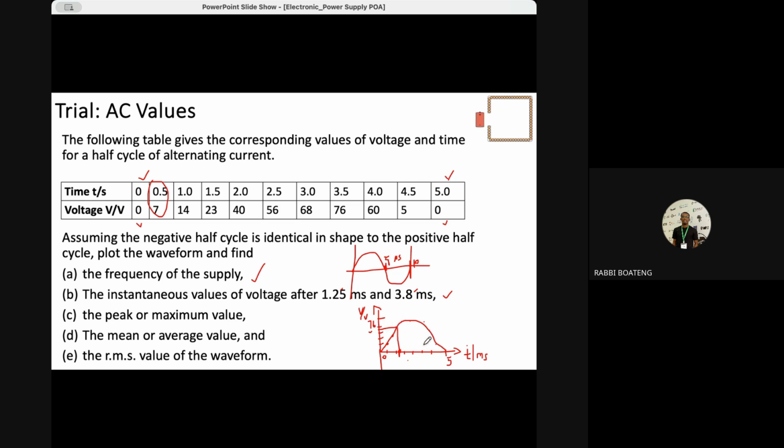If you want to do 3.8, and say 3.8 is around this end of the time, I'll just trace it to meet the curve I've drawn. If you do a very good curve, you should get a good range of value. And I think what Sir Matt said is a little far. Then when you reach the curve, you trace it towards the voltage part, and that will give you the instantaneous voltage you are looking for.